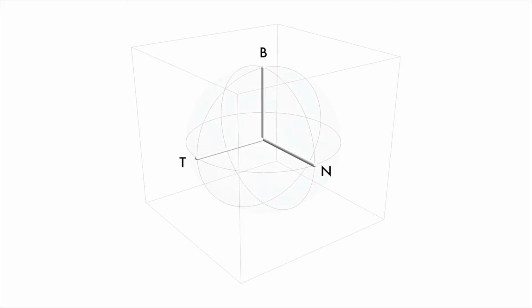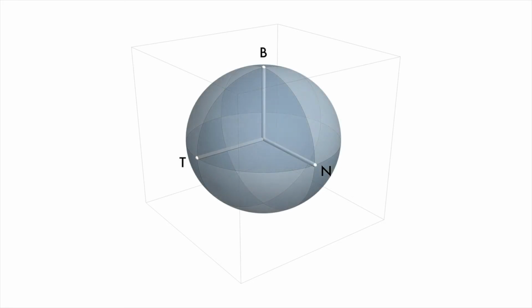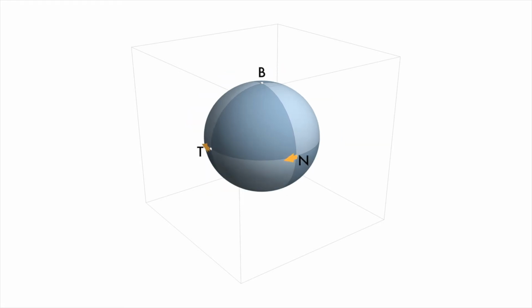We can see this better if we view the TNB frame as points on a sphere. As we rotate around B, N moves towards T. It's moving in the T direction.